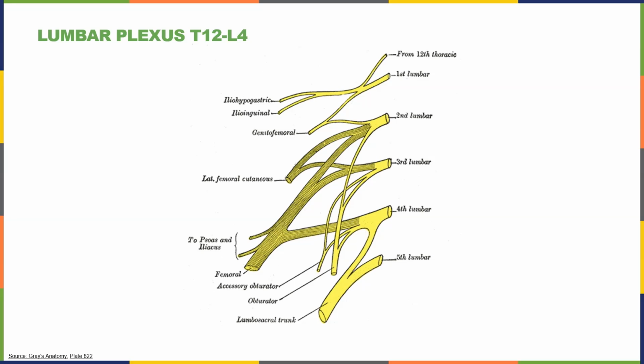The lumbar plexus arises from spinal nerve trunks T12 through L4. The major nerves that arise from the lumbar plexus are the femoral nerve and the obturator nerve, arising from L2 through L4.